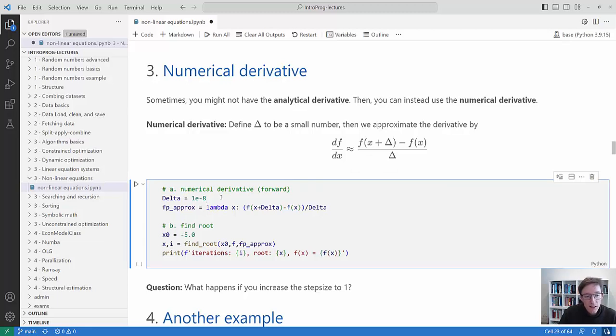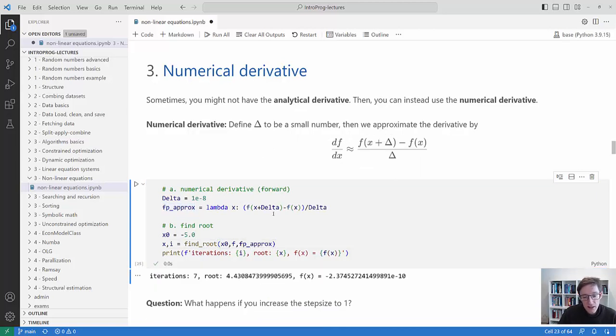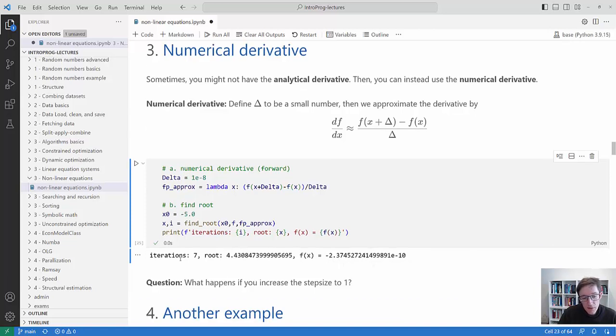Here I'm setting a step size of 10 to the power of -10, and I'm making my approximate derivative based on my f function and this step size. Then I can run my find root function with this approximate derivative instead. You can see that it works. In the same number of iterations, we find the root and the function value.